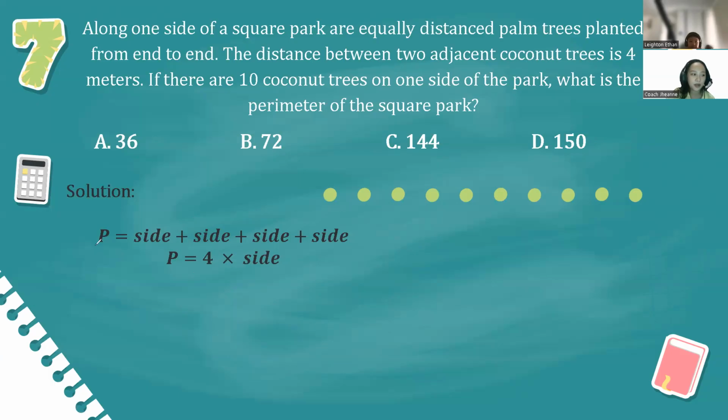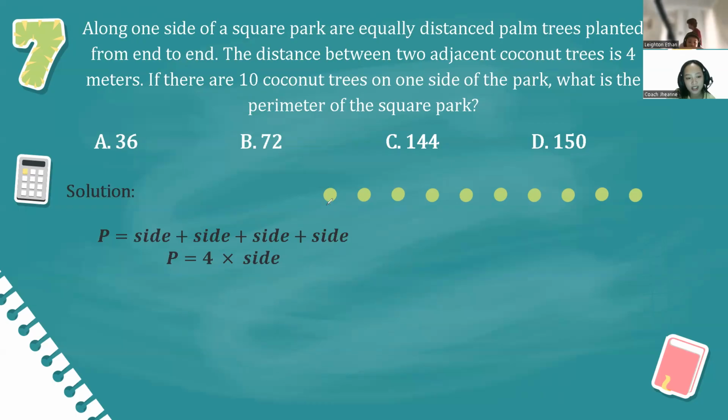Now let us remember that the formula for the perimeter is side plus side plus side plus side, or simply 4 times side. That is the formula of the perimeter. So in this problem, it is stated that there are 10 coconut trees.